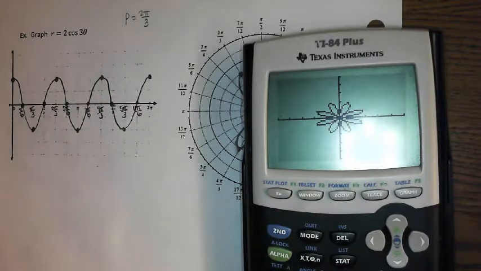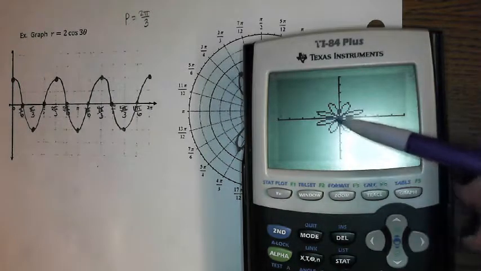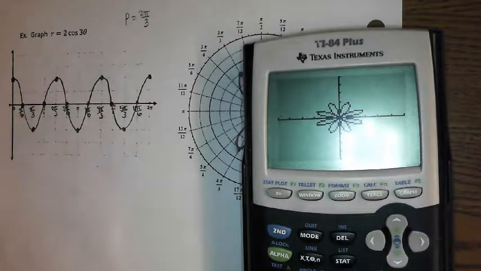If the cosine one had its petals kind of coinciding with the axes, and this one is kind of straddling the axes, we don't have a petal right over it.